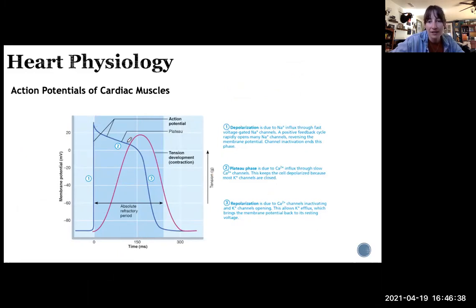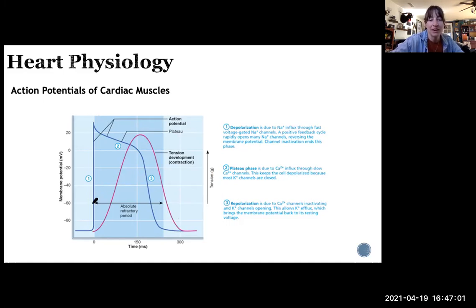You've got a plateau as we slowly start to repolarize. This purple line is the actual force of the contraction itself. So the contraction is actually at its maximum after this little plateau of the action potential.